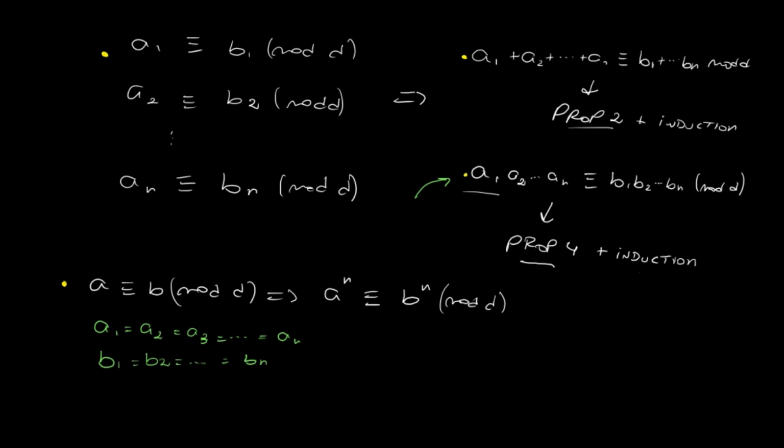And what we'll do is call all the A sub n's equal to A, and all the B sub n's equal to B. A and B are the numbers given in our hypothesis.